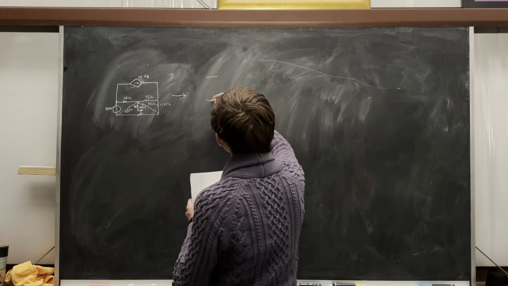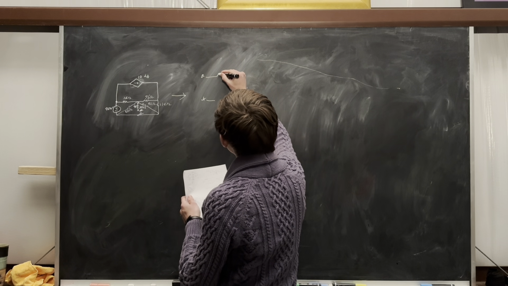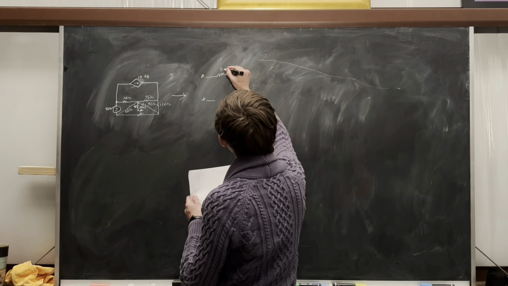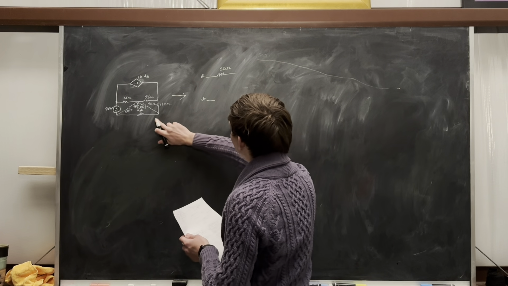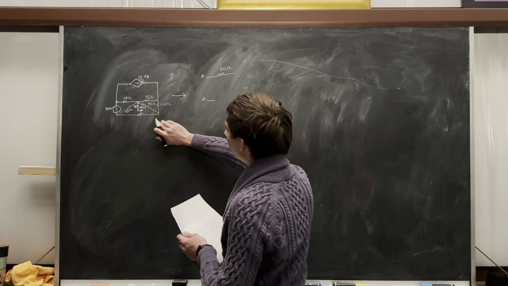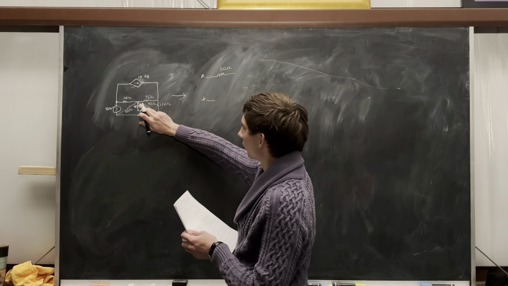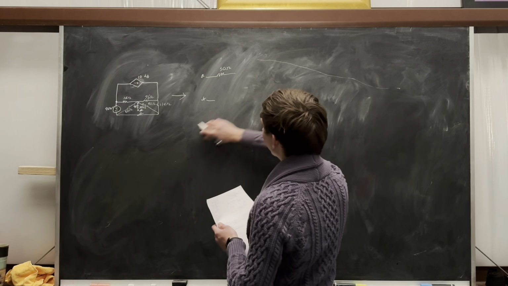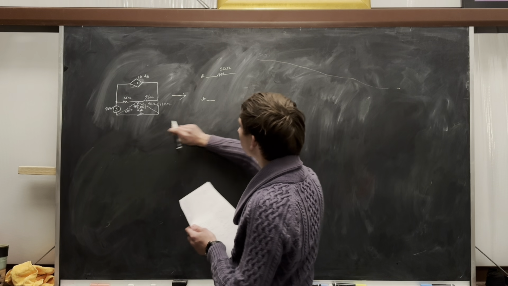Put my terminals A and B up here. The 50 ohm resistor here. You can sort of see from this that the 80 ohm here and the 40 ohm here are in parallel. They both just go straight from this node down to this node.